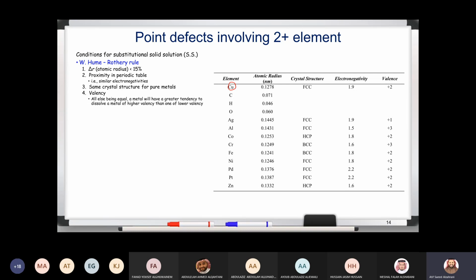So for copper, we can have either of three situations: complete solubility, incomplete solubility, or an interstitial solid solution.